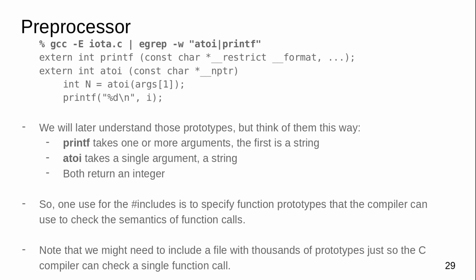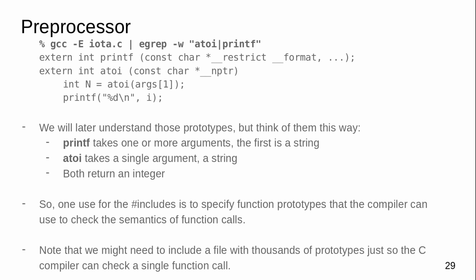So when we run this, this is our output, and we'll later understand what these two prototypes right here mean, but what these two essentially mean is that printf takes one or more arguments, and that's what that ... means. And the first one is a string, that's what this const char star means. atoi takes a single argument, which is a string, that's what this char star means again, and both of them return an integer, as we can see from the function signature at the start.